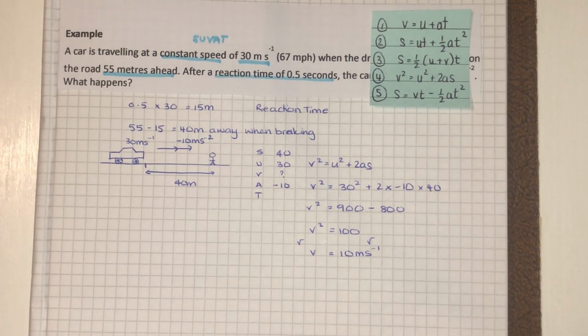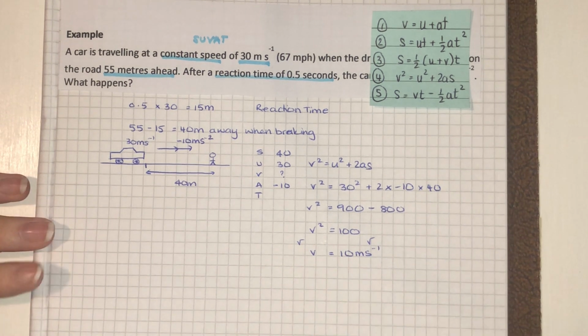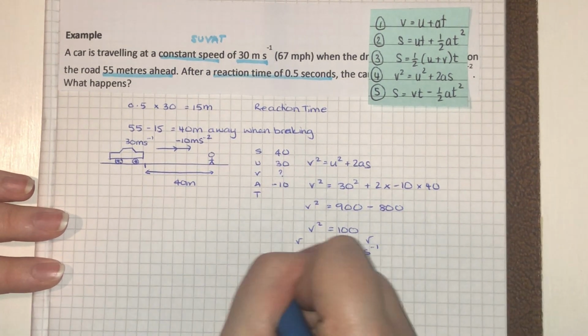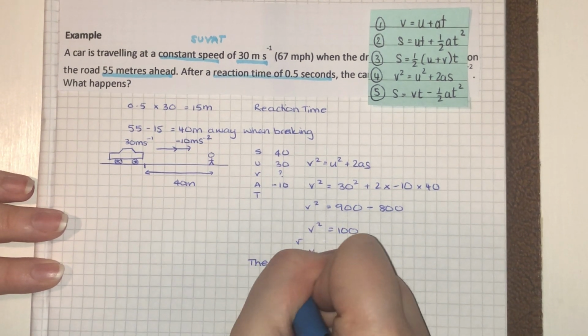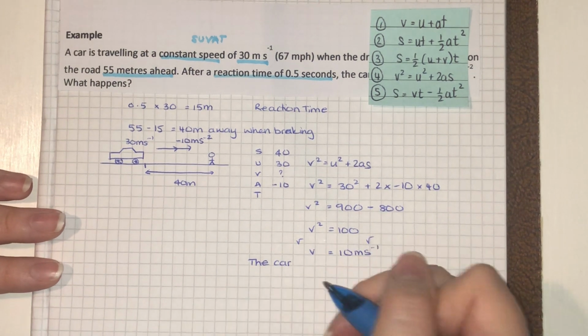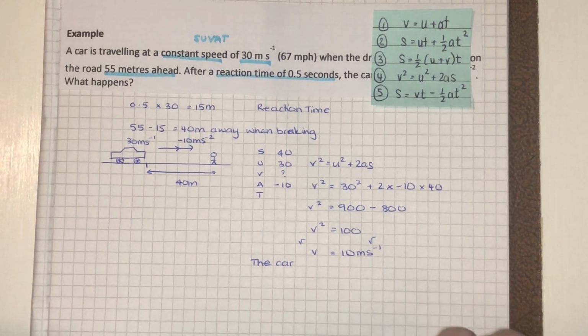Okay, so at that point when he meets the person, he's travelling 10 meters per second, which means that the car, what's the word? I want to say collide, but that's not a very nice word.